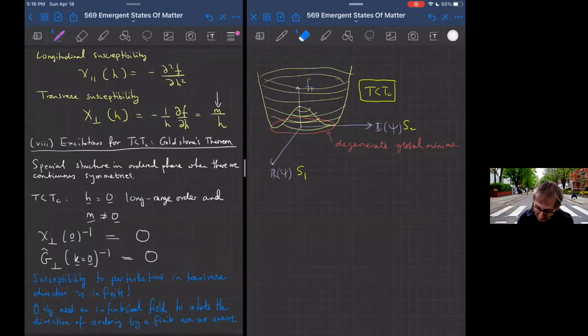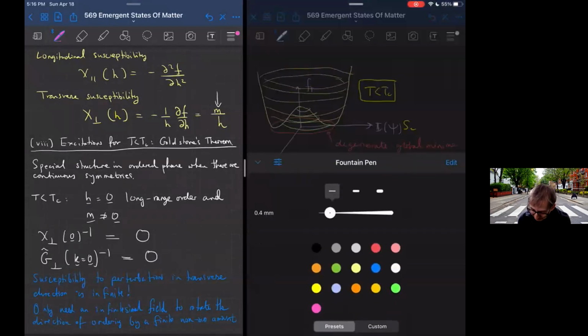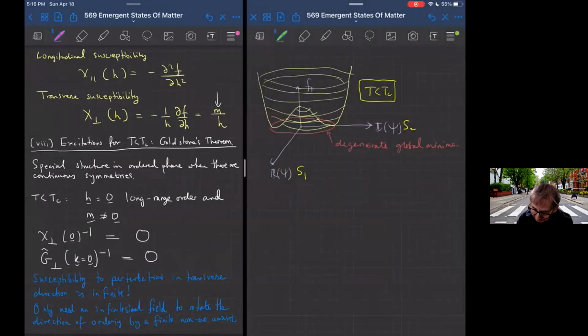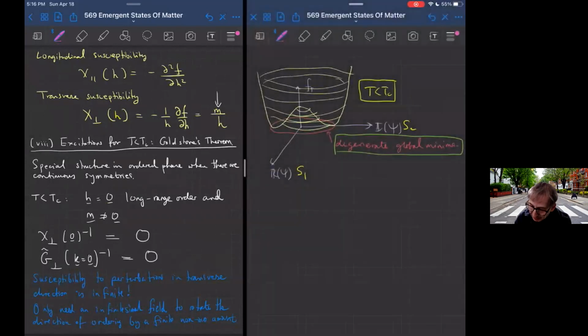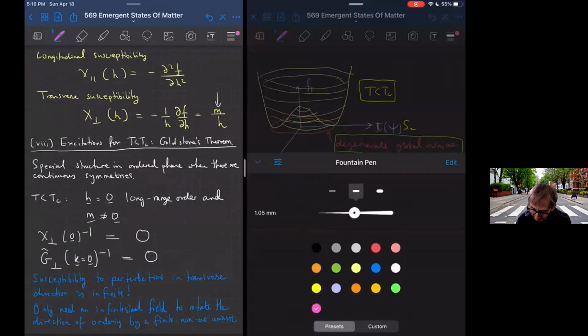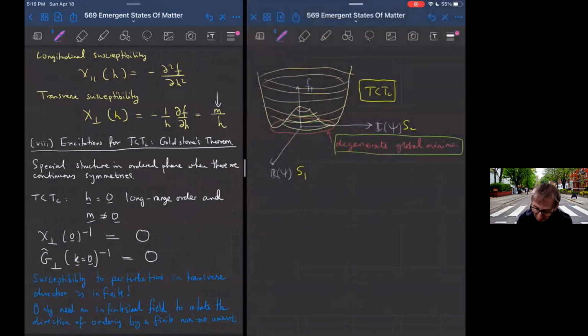Here we are. And let me just clean this picture up now. So where does this come from? Well, you can see that there's this degenerate global minimum along here. So let's suppose that the system is ordering along that direction. I'm going to make this big just so that you can see it. So let's suppose that the direction of ordering is here.